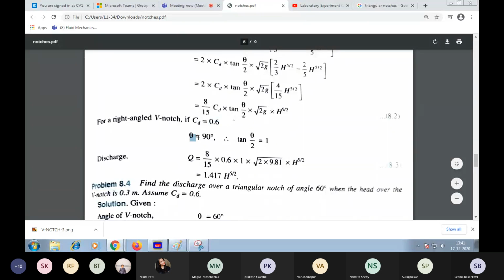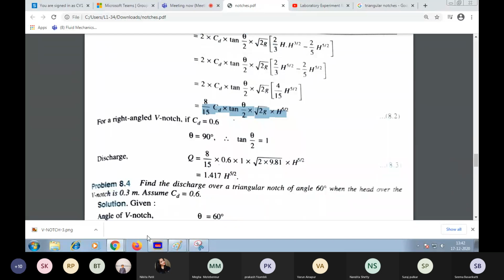Understood? If the angle is 90 degree and the value of CD is 0.6, then the discharge equation is taken directly as 1.417 h raised to 5 divided by 2. If the theta value is not equal to 90 degree, then the above equation, that is Q is equal to 8 divided by 15 into CD into tan theta divided by 2 into square root of 2g into h raised to 5 divided by 2, is taken.